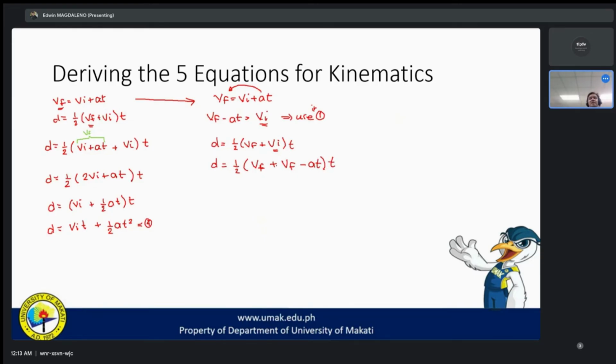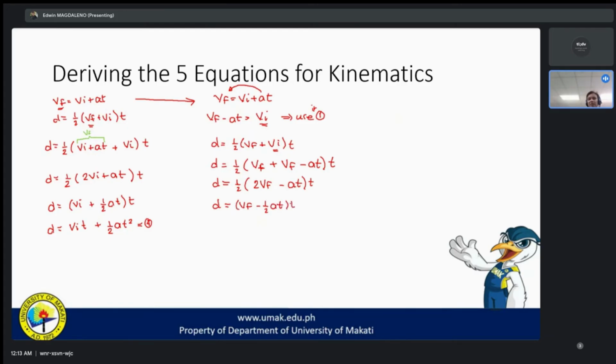So once again, adding up the two Vf's, we have displacement is equal to 1 half 2 Vf minus acceleration times time, multiplied by time. Distributing the 1 half, we have displacement is equal to Vf times time minus 1 half acceleration times time.